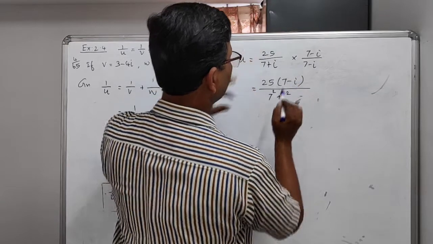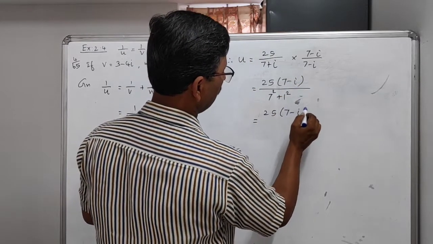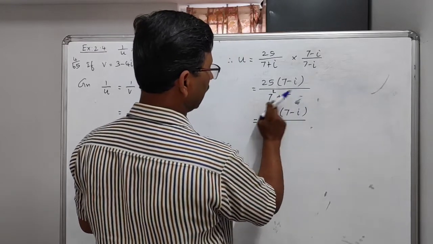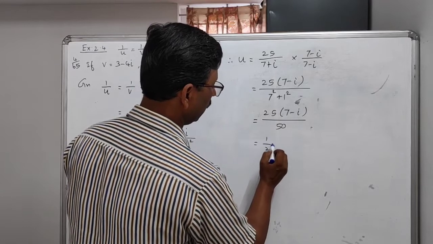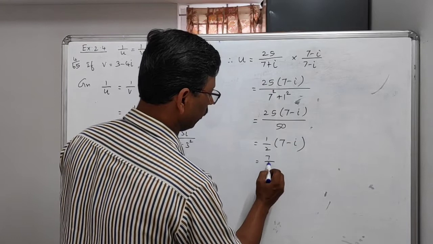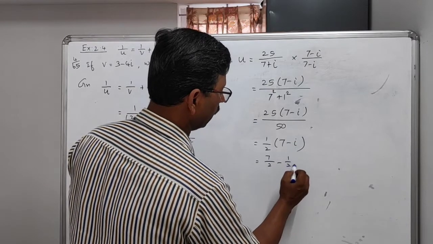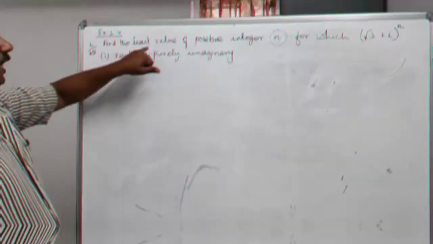You can write 7 square plus 1 square, which is equal to 25 into (7 minus i) by 49 plus 1, that is 50. Then if you simplify, you will get 1 by 2 into (7 minus i), or you can write it as 7 by 2 minus 1 by 2 i. Now this is the value of u.